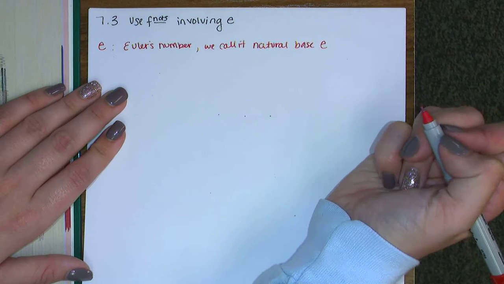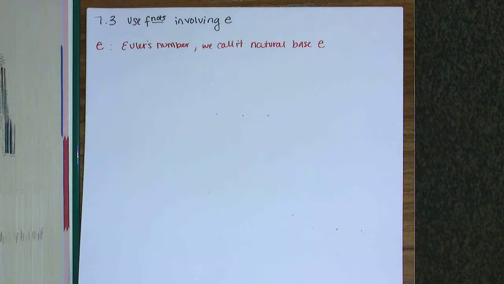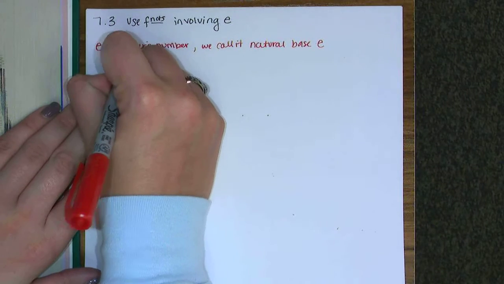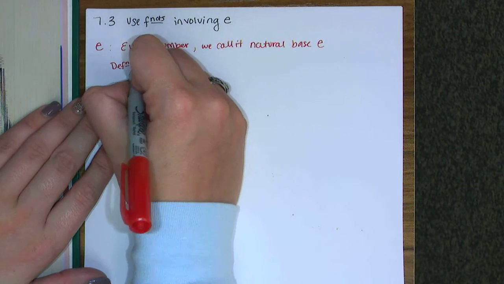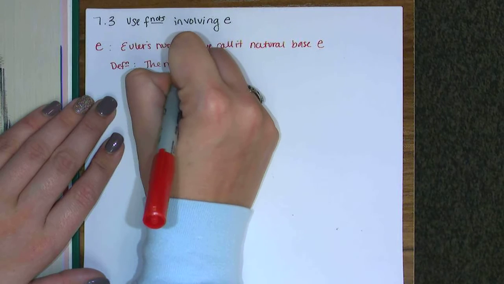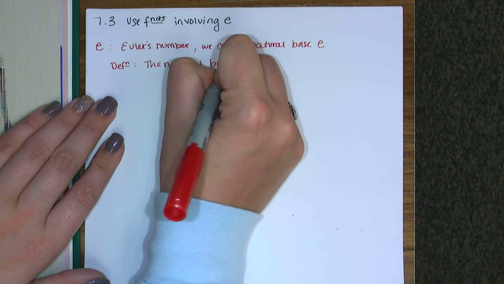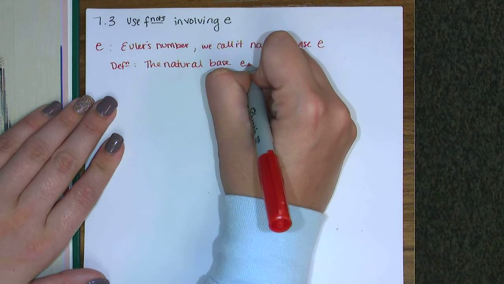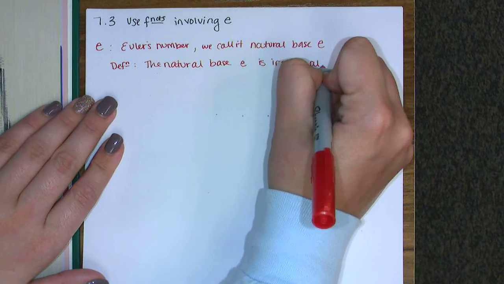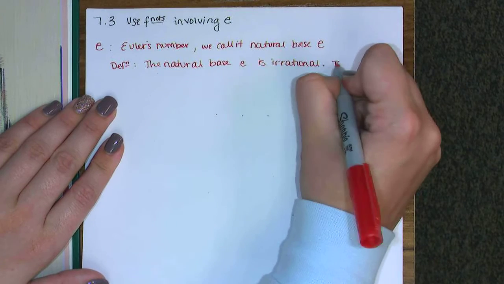It's a special number just like pi, or i is another one that we've done. So the official definition is the natural base e is irrational. It is defined as follows.